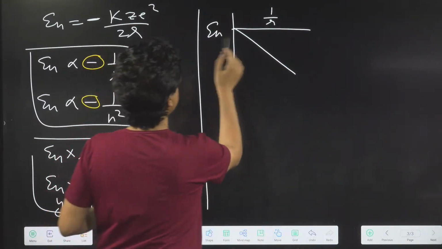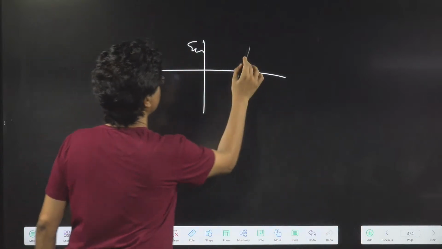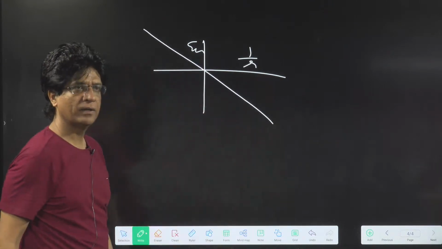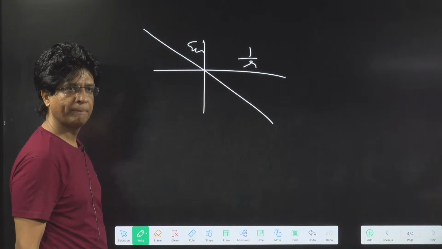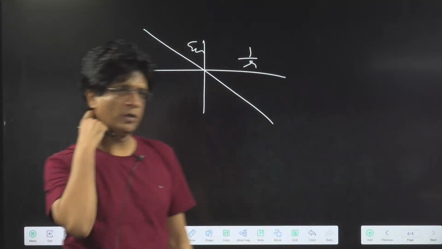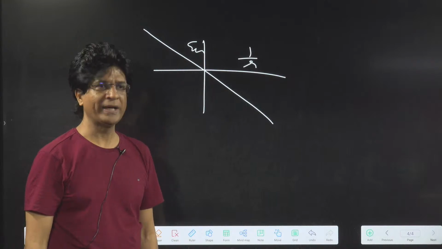Acha, can I extend the graph like this? This is En, this is 1 by R. Can I extend the graph? No, I cannot extend that.